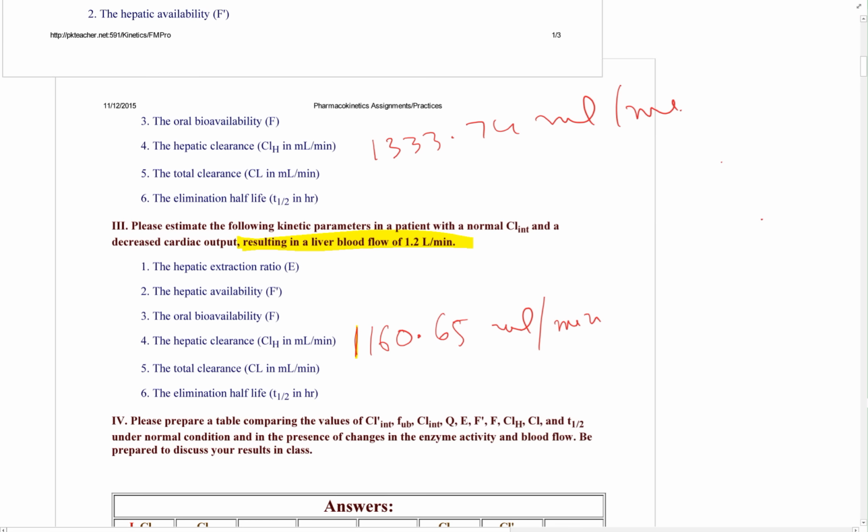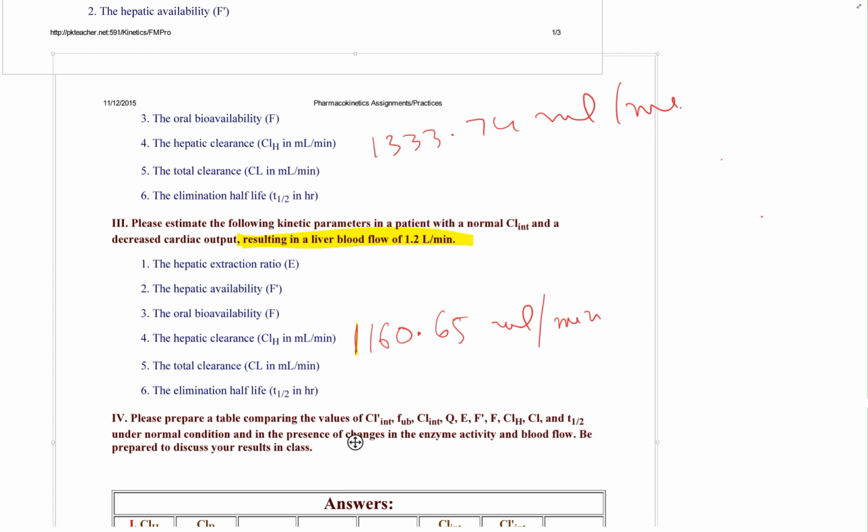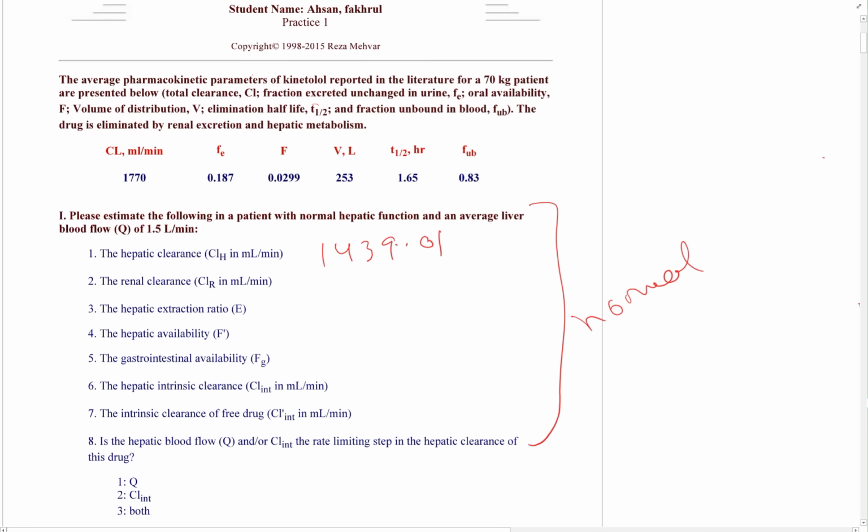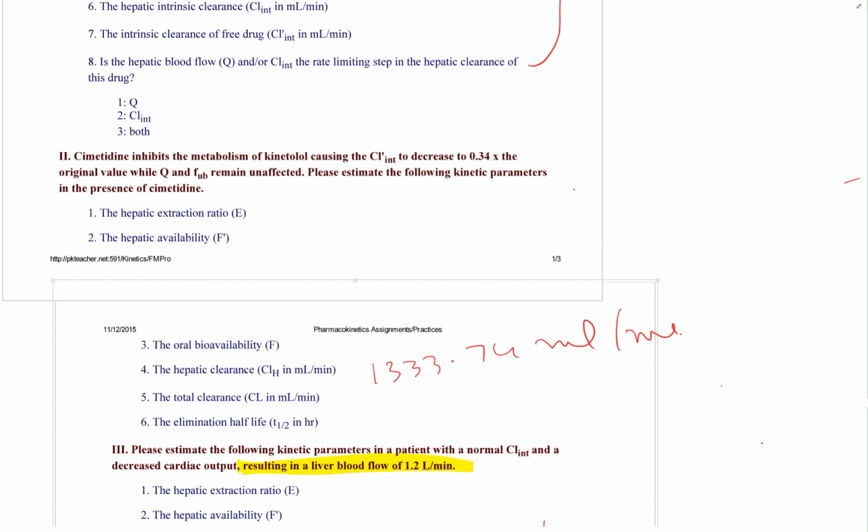The more profound influence was from the change in blood flow, and one of the reasons is that it is a high extraction drug. I will explain this concept over and over in class, but with this I am done with the assignment video. I hope it helps.